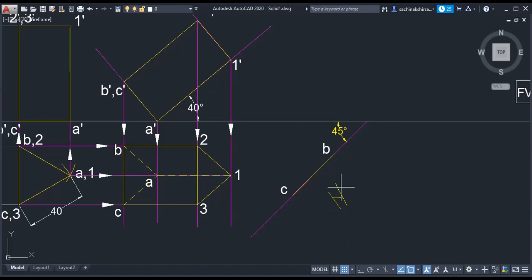It will be 30. So this will be your point. Likewise, two arcs you can draw, and you can join finally.